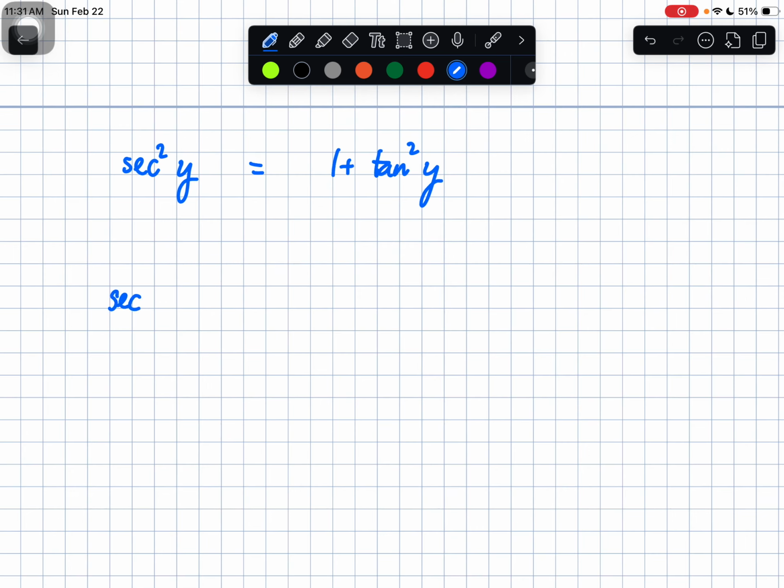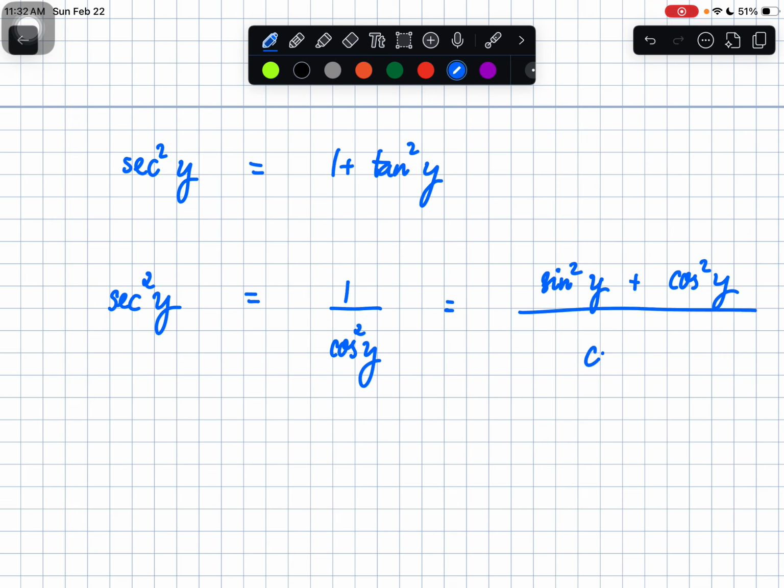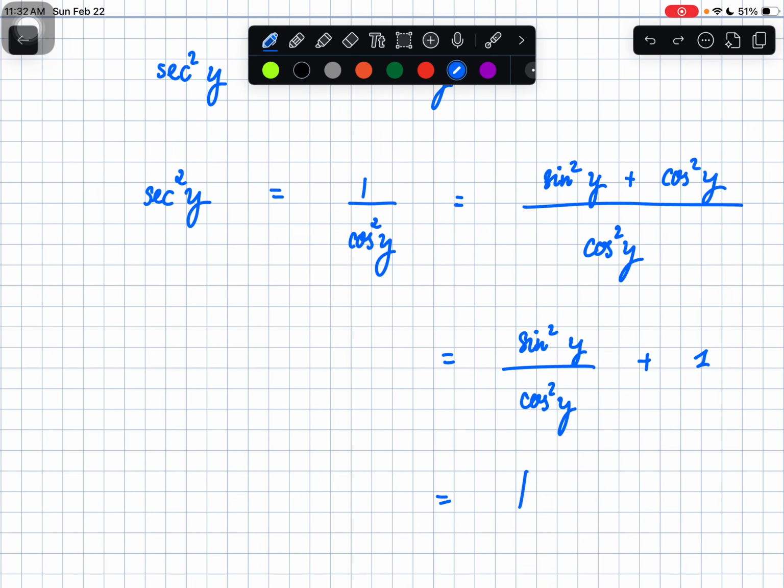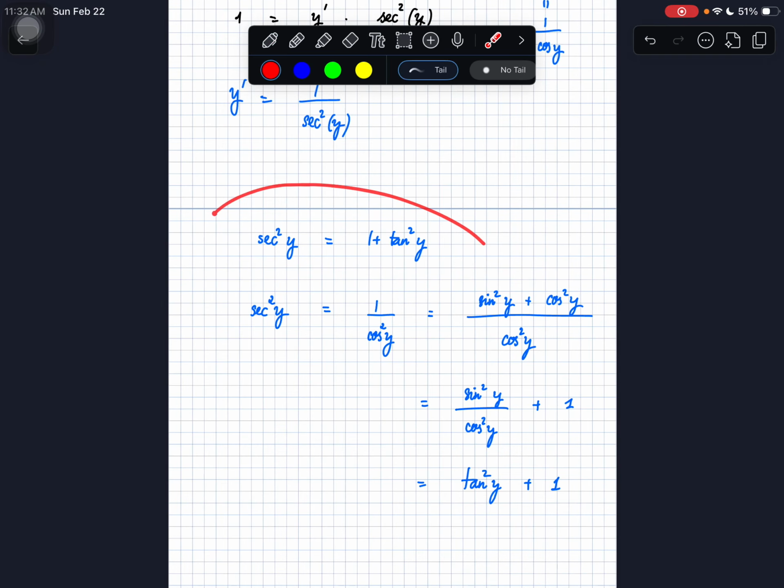Secant of y is 1 over cosine of y, so secant squared of y is 1 over cosine squared of y. Writing 1 as sine squared of y plus cosine squared of y, over cosine squared of y, you have sine squared of y over cosine squared of y, plus cosine squared of y over cosine squared of y, which is plus 1. The first term is tangent squared of y, so this is tangent squared of y plus 1. That is why you have this formula.